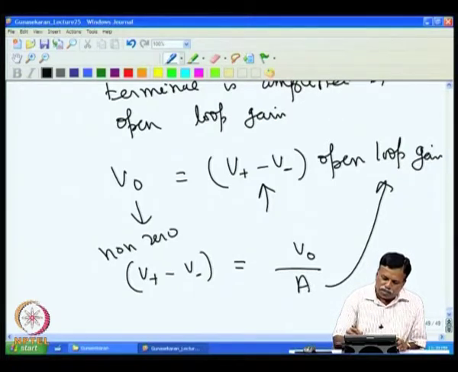Normally the open loop gain is very high. For example, even if we take the 741, the lowest gain is 20,000.